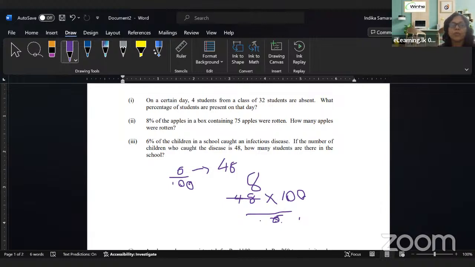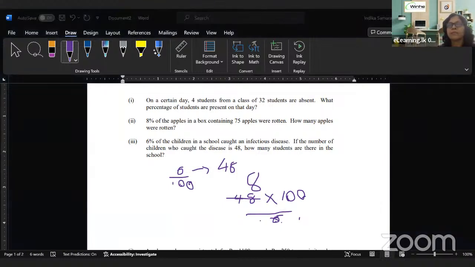Then how many students are there? Yes. Janadit and Rohita, correct, right?